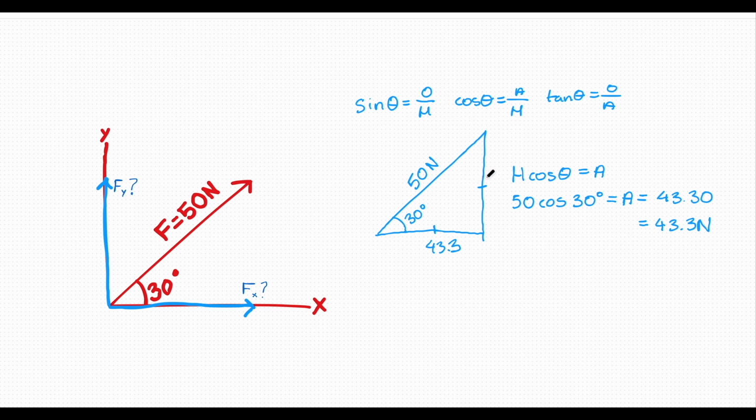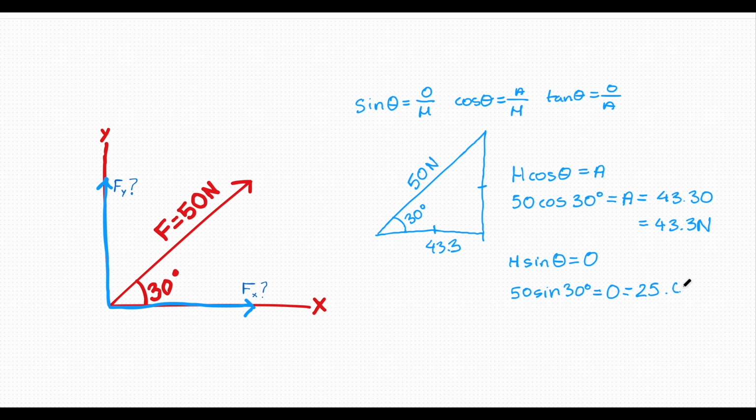So opposite and hypotenuse, which one's involved in SOHCAHTOA? Well, it's sine. And so if we multiply the hypotenuse to both sides, we get hypotenuse sine theta equals the opposite side. So we know what hypotenuse is, 50, sine, and the angle is 30. And that should give us the opposite side, which equals 25.